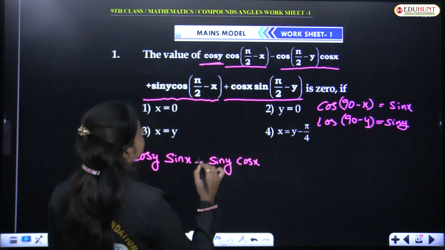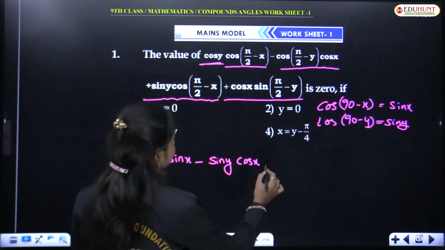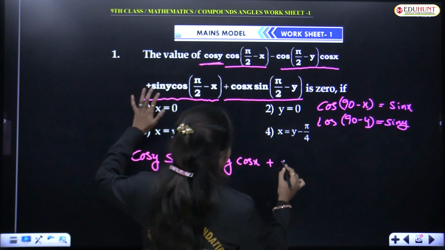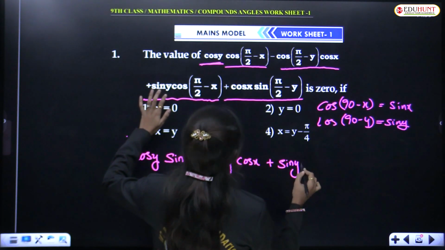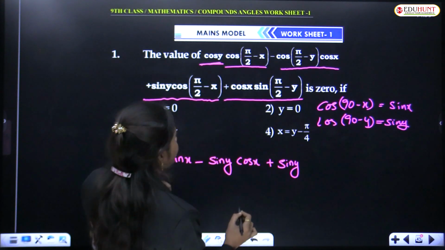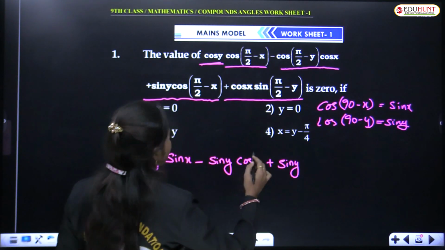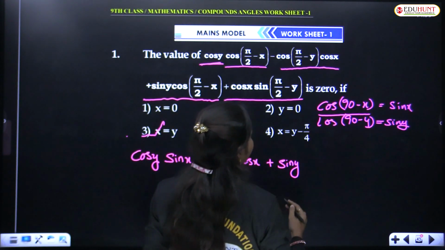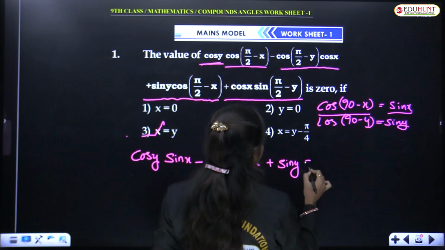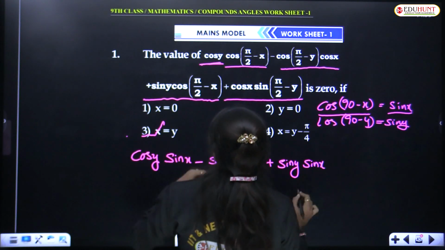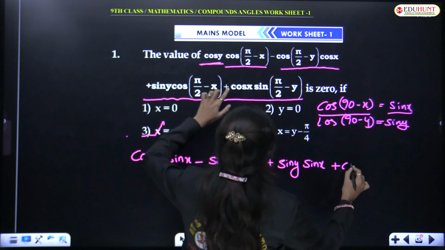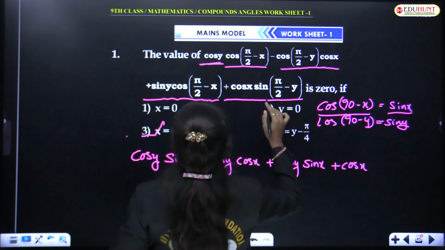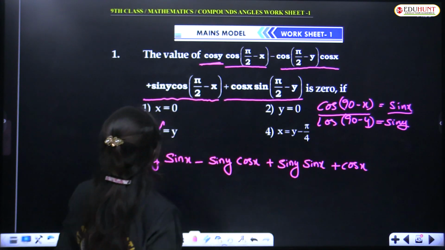cos x. Okay, plus here this is sin y, and here cos of pi by 2 minus x. So pi by 2 minus x means cos of 90 minus x. What is that? Sin x. That is sin y sin x, plus cos x, and here sin of pi by 2 minus y.